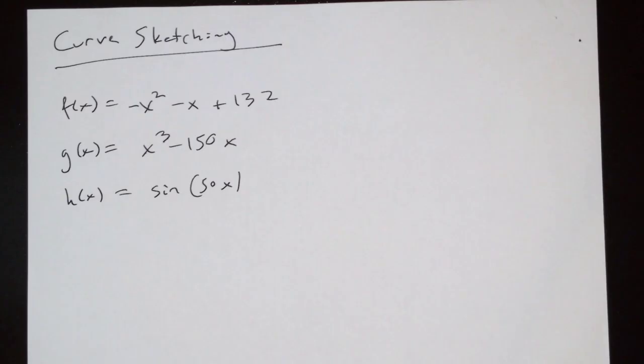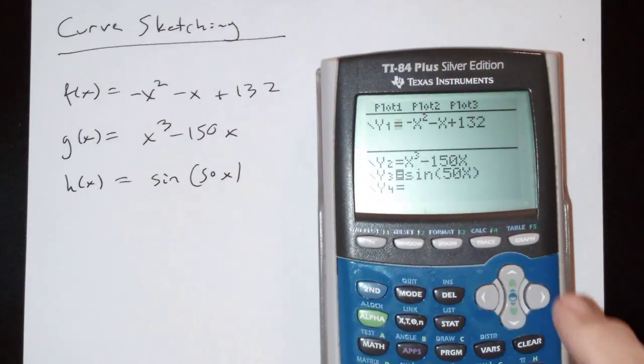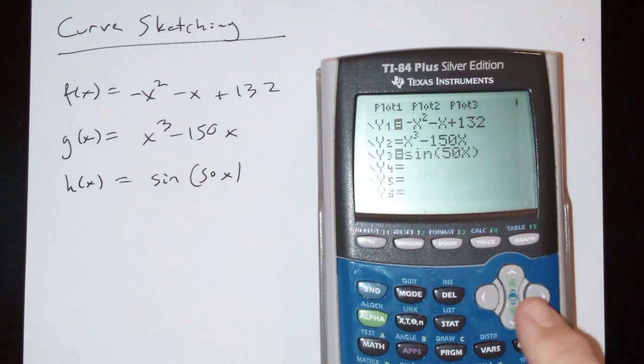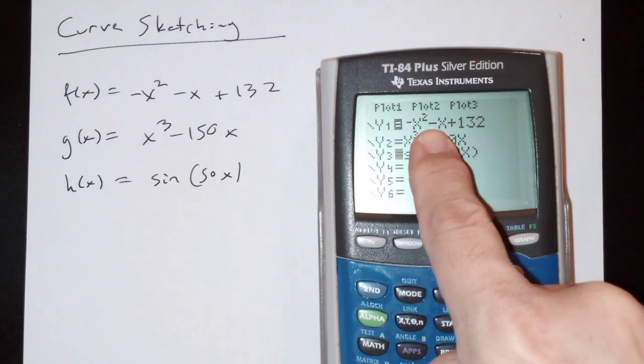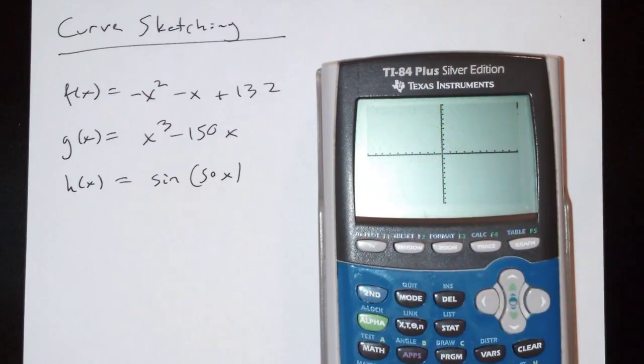I'm going to use it. I just need to know where to look. Because otherwise, I know that graph is supposed to be a parabola. Where's my parabola? I'm just looking in the wrong place.